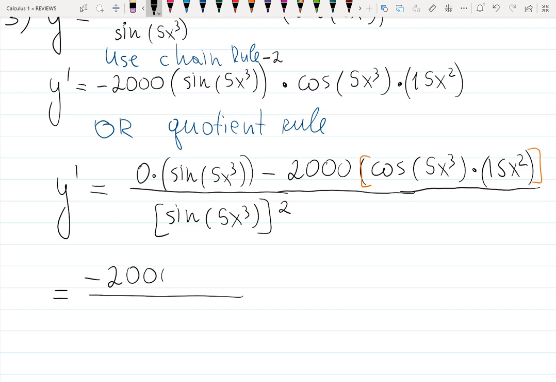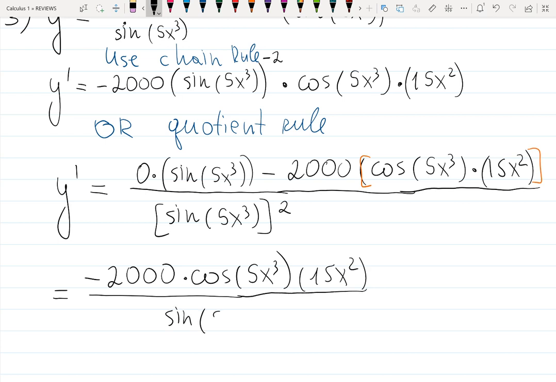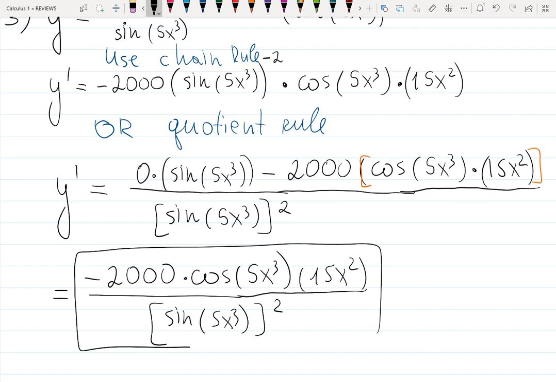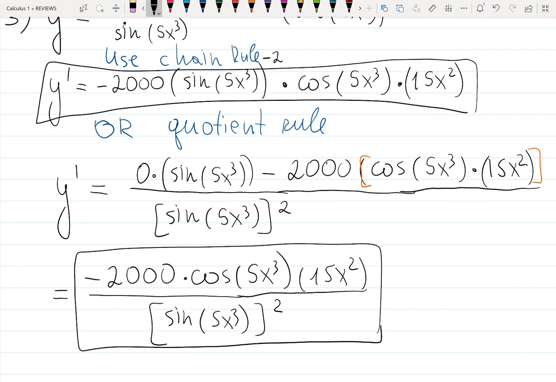Negative 2,000 times cosine of 5x cubed times, well, 15x squared, you can actually multiply by 2,000, all over sine 5x cubed squared. And this is the final answer. And now decide which way was faster to do, this way or the chain rule. I do think that chain rule was faster, so I usually prefer doing chain rule. But if you're afraid of working with chain rule, then you don't have to.